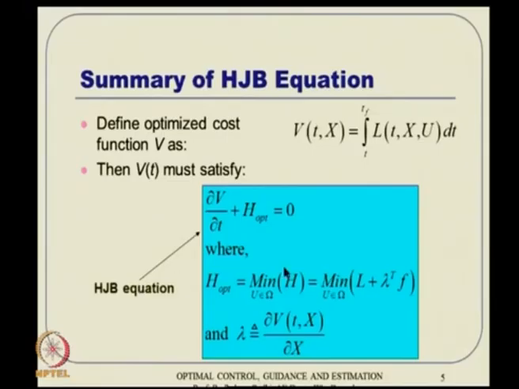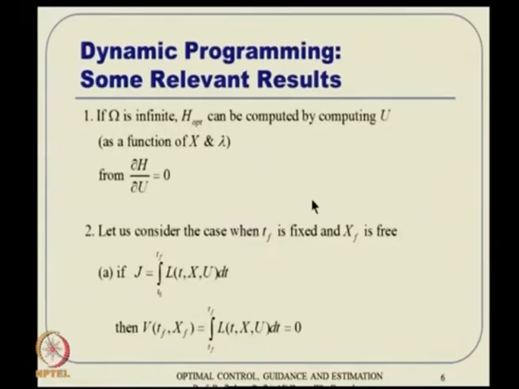In this equation, the Hamiltonian is not any Hamiltonian, but the optimal Hamiltonian, evaluated on the optimal path. The Hamiltonian takes lambda also, and lambda happens to be del V by del x here. Then you can see that H opt is a function of lambda, and lambda is del V by del x. That means this equation is essentially a nonlinear partial differential equation. So that was the observation.